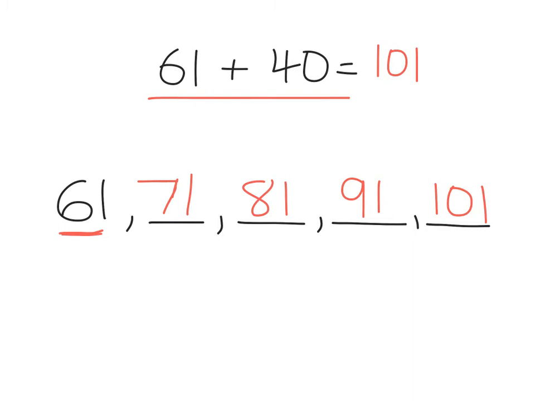When we count in tens, we're adding on a number that has a 0 on the end. That means there are no ones in that number. That means that we don't have to add any ones to that column. So the number will always end with 1. You can see that here. All my numbers end with 1.